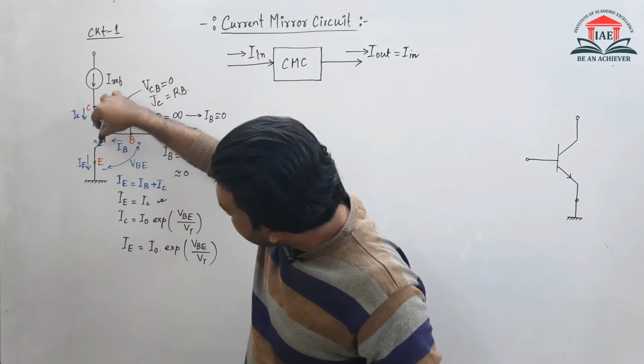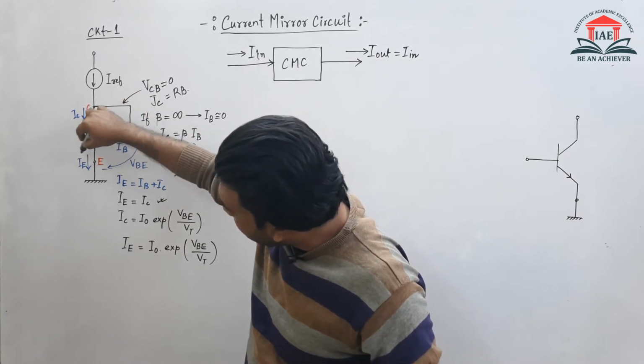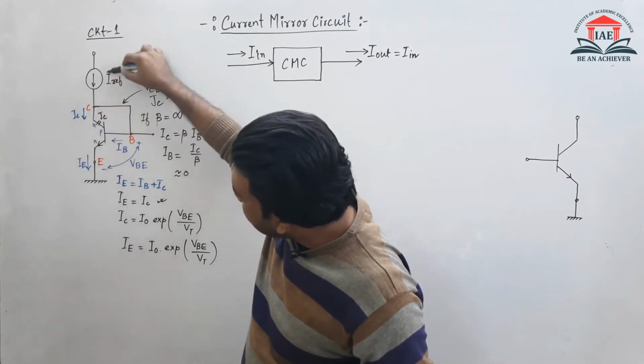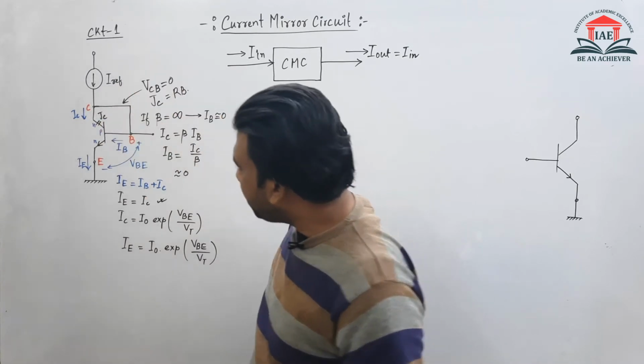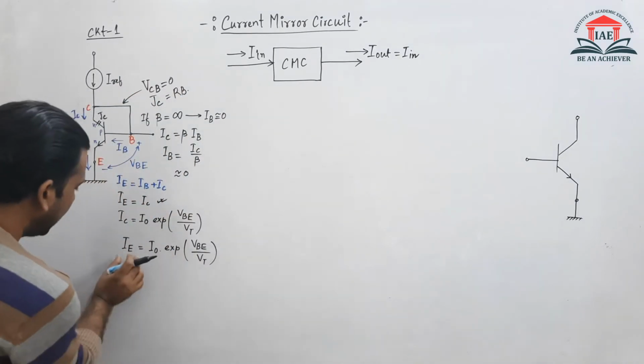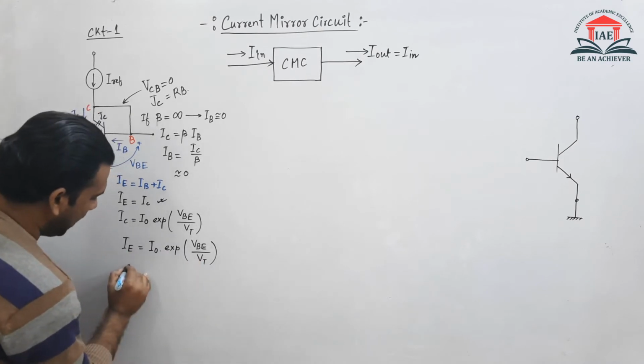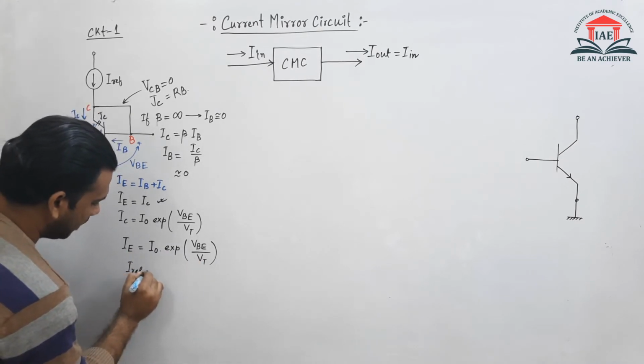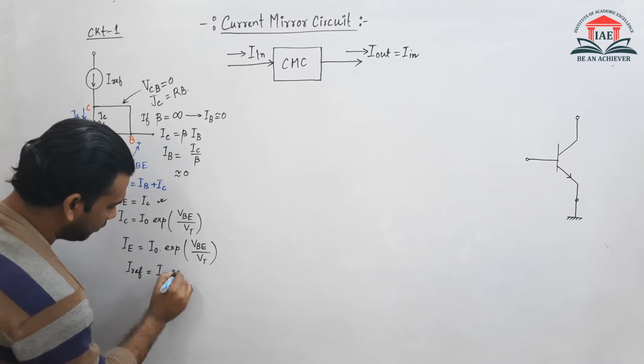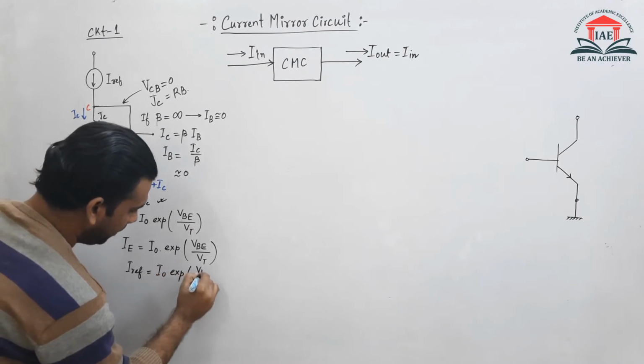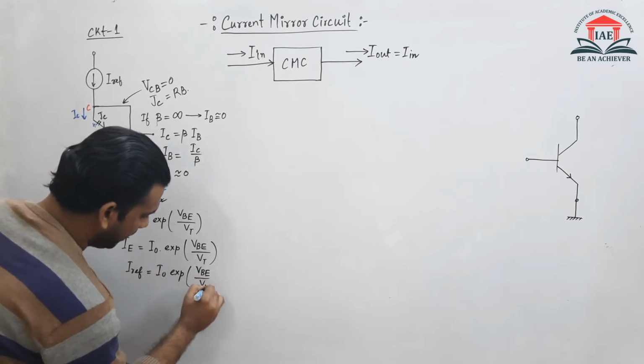Again it becomes inside the transistor, then it becomes IE. So IE and I reference current will be the same. So that means this IE current is nothing but the I reference current. So I reference equals I0 exponential VBE divided by VT.